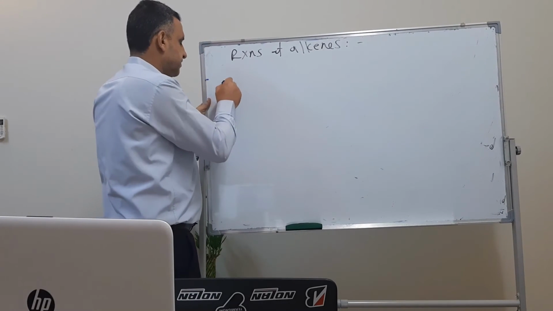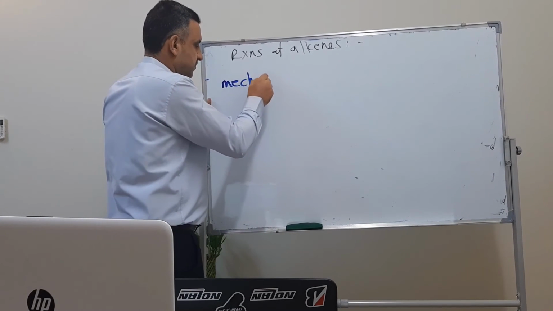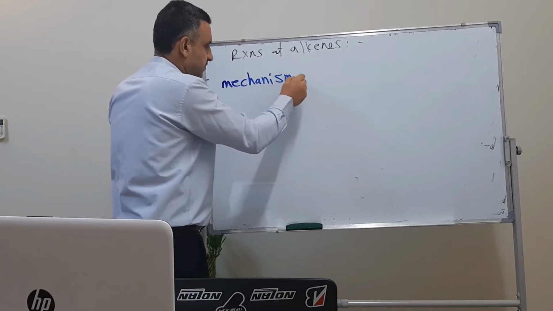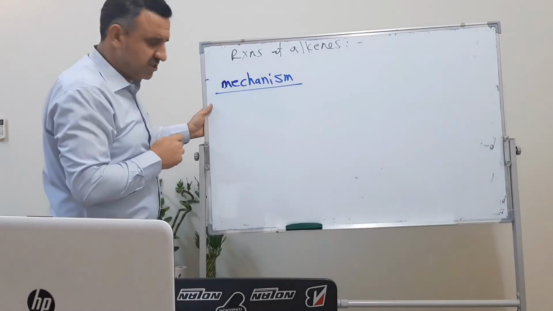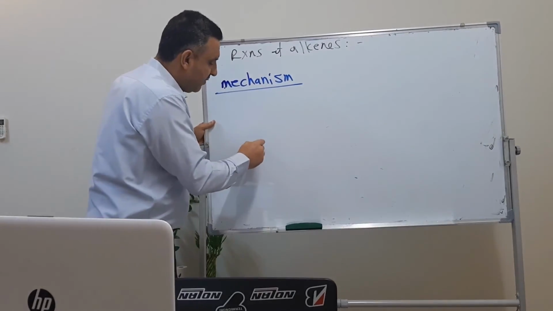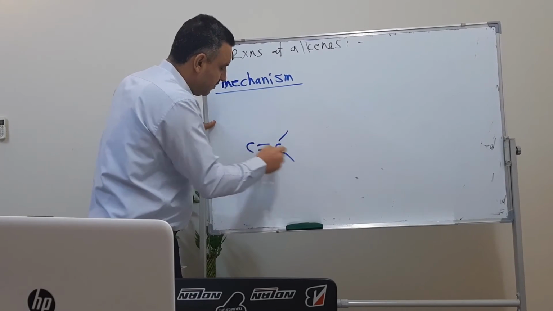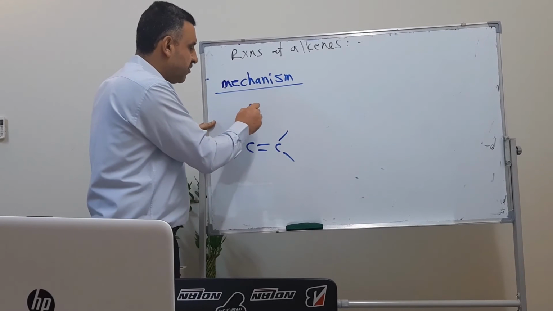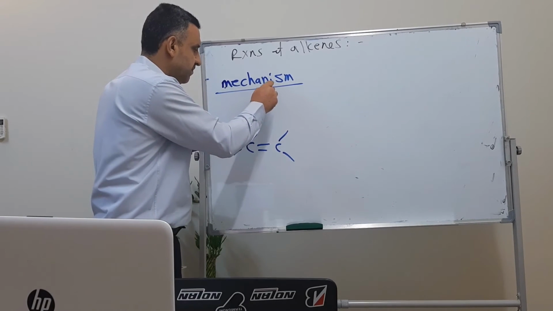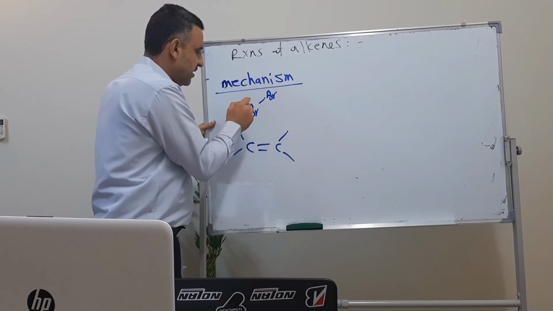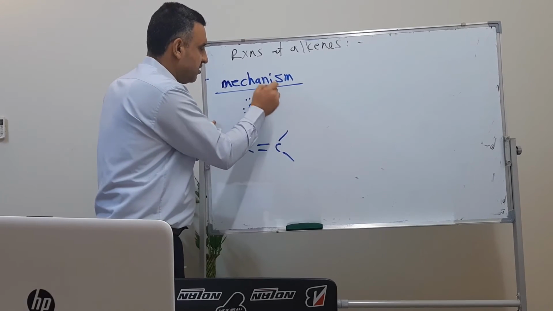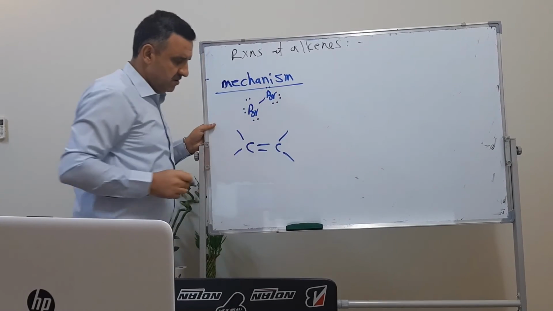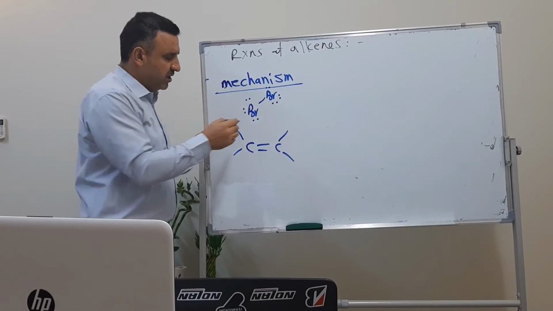Whenever we have a carbon-carbon double bond and a bromine to react with it, remember that this is the Lewis structure of the bromine.